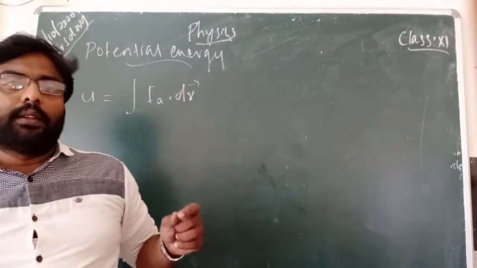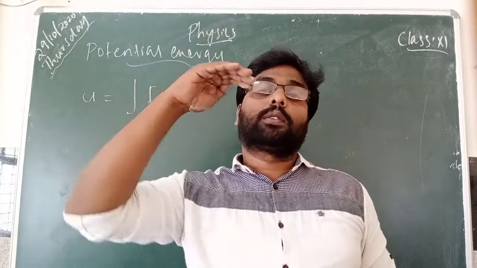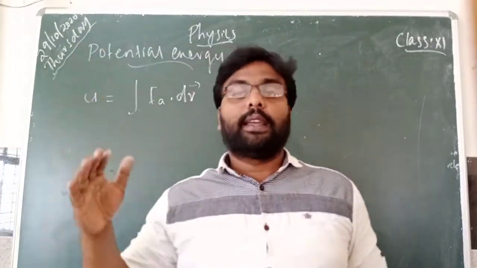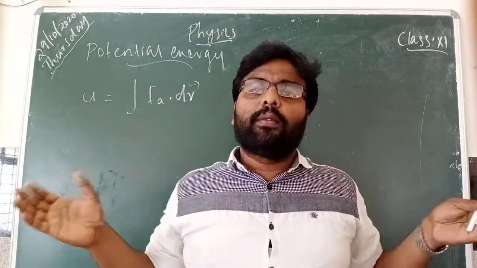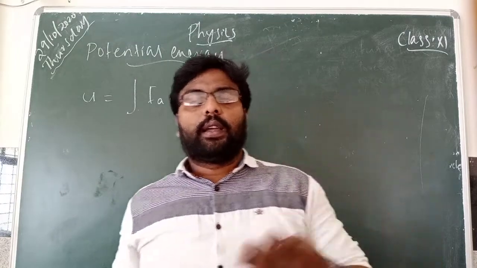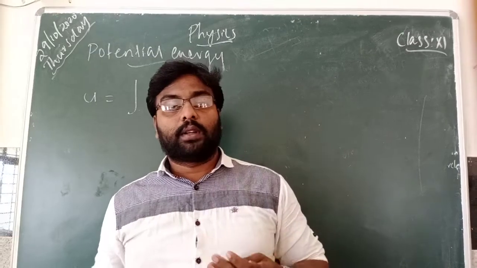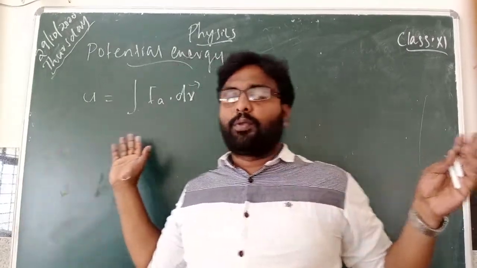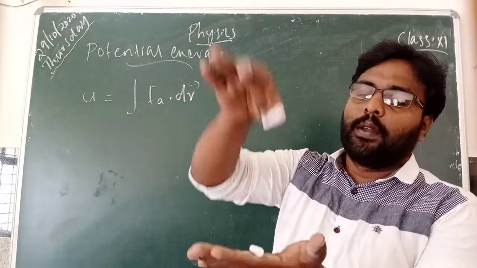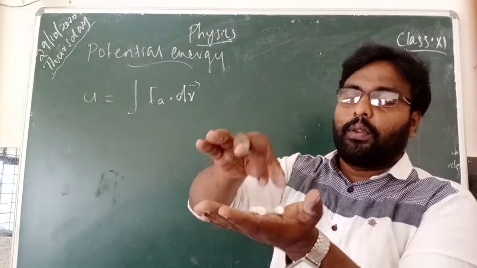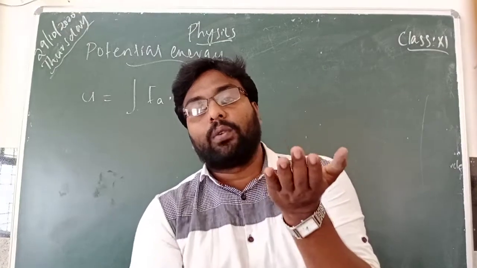So from this formula, I told you that every object in its position, state, shape or size possesses what? Potential energy. Now there are many various types of potential energy. Here some types are given for you. First one is gravitational potential energy. When lifting an object upward, there must be some gravitational force acting downward.